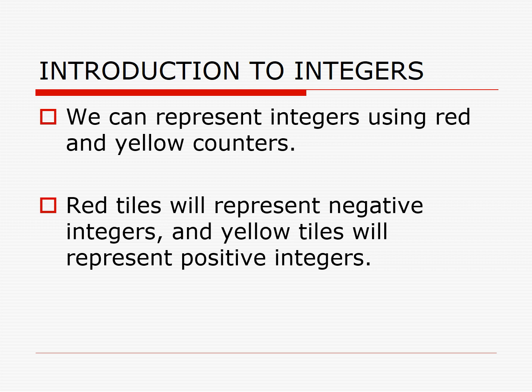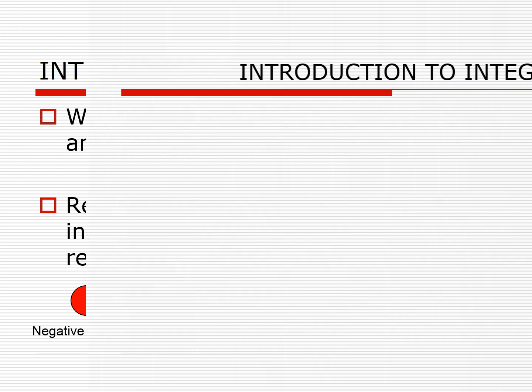Here the red tiles, which you will be seeing in the coming slides, will represent negative integers, and yellow tiles will represent positive integers. Red for negative, yellow for positive. So with this in mind, let's see some basic addition and subtraction of integers.